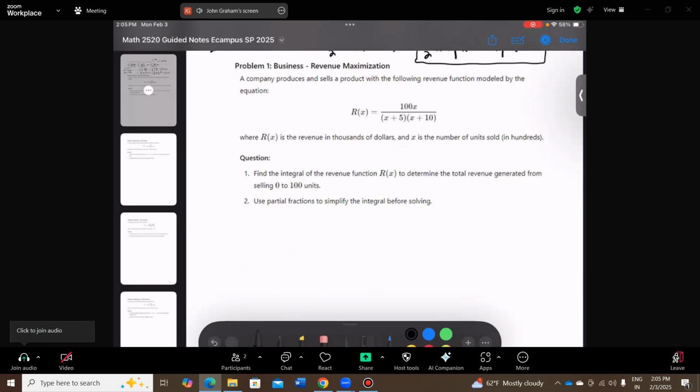Alright, so we need to do the integral first, and so we'll be using partial fractions.